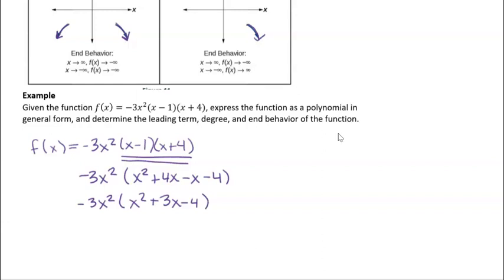I'm then going to distribute that first term. And since I'm multiplying like bases, I'm adding exponents. And then my coefficients multiplied together. So this would be my general form.